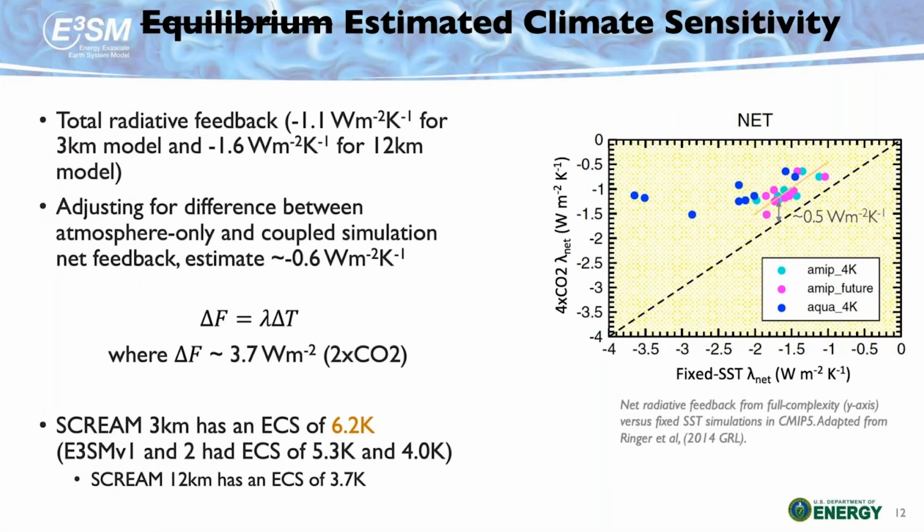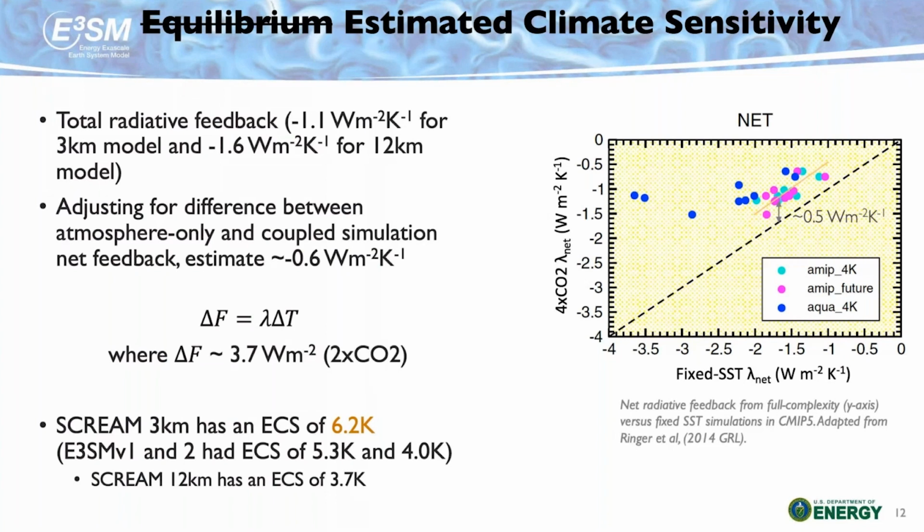Just for context, E3SM V1 and V2 had an ECS of 5.3 and 4.0 Kelvin. And this value might be lower, especially because there are studies that found that delta F anti-correlates with lambda, such that you tend to have a lower delta T than you'd expect from a fixed delta F. But we still think that it'll be a high ECS that's coming from SCREAM 3 kilometers if we were to run it for hundreds of years in a coupled system.